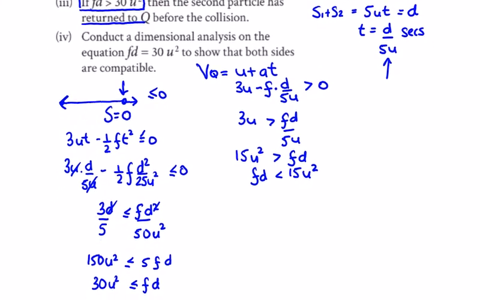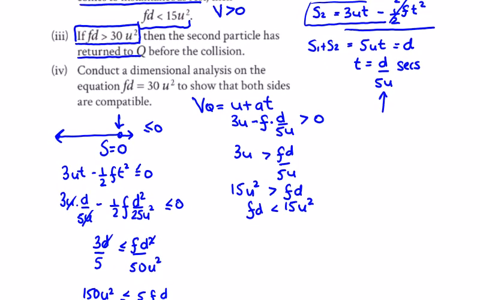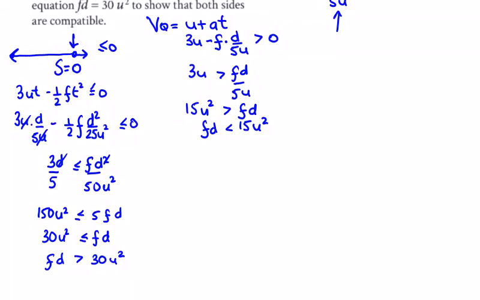We turn it around: FD will be greater than 30u squared. That's part 3. And then the dimensional analysis, FD is equal to 30u squared.